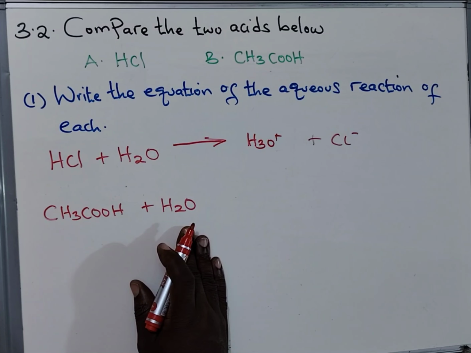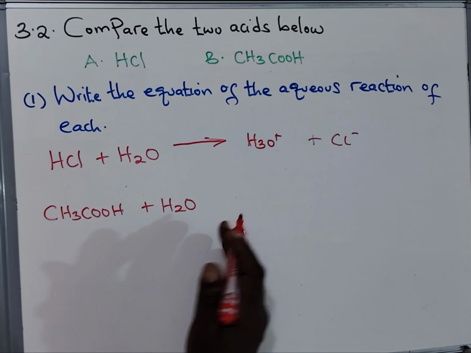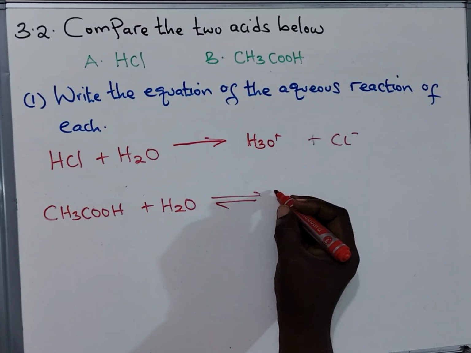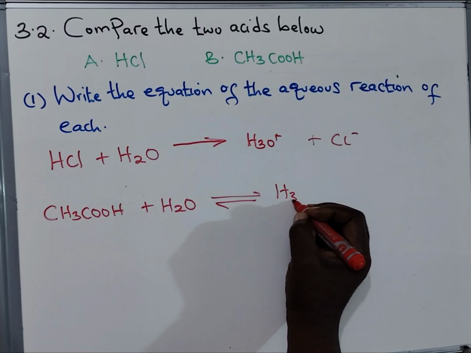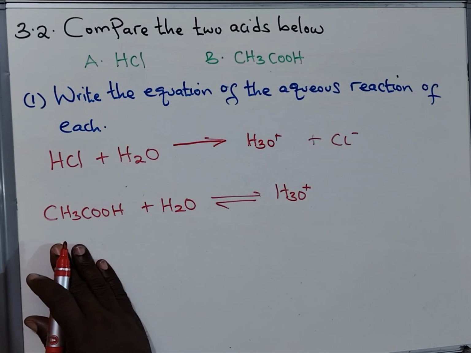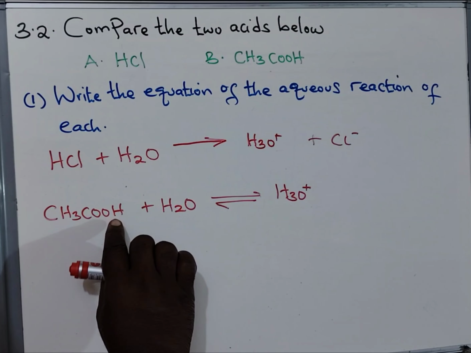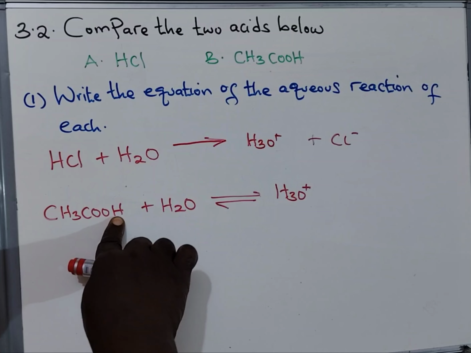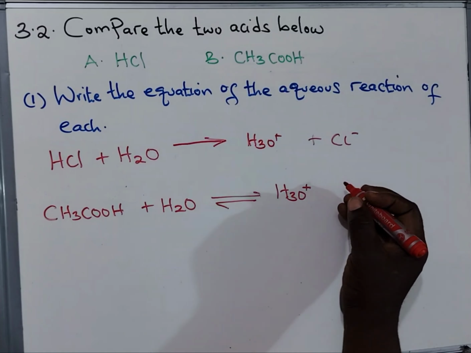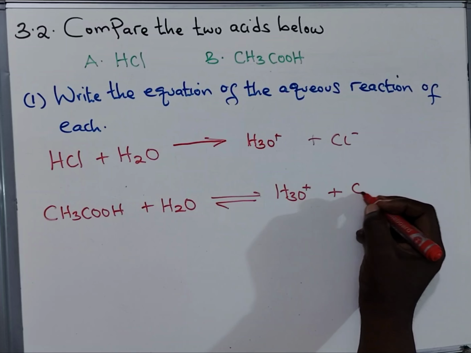It donates a proton to water. Water, on getting the proton, what do we get? We get hydronium ion. And we need to know that the hydrogen which is lost is this one. So ethanoic acid, on losing a proton, what do we remain with? Ethanoate ion.